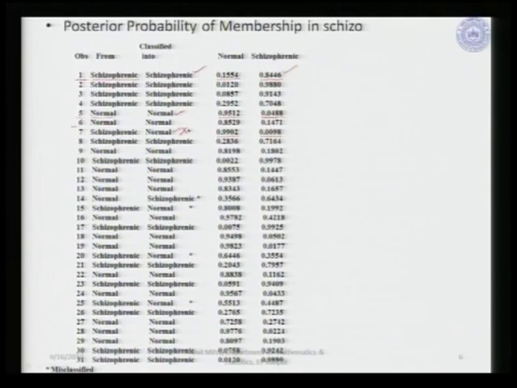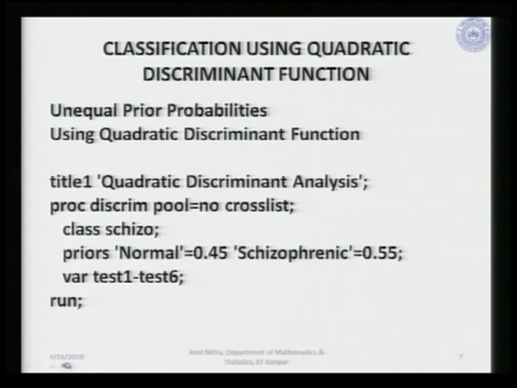So, this classification is wrongly done out here. These are the cases wherein we have got the misclassifications. All these stars here indicate that the observations are going to be misclassified based on the computed posterior probabilities.